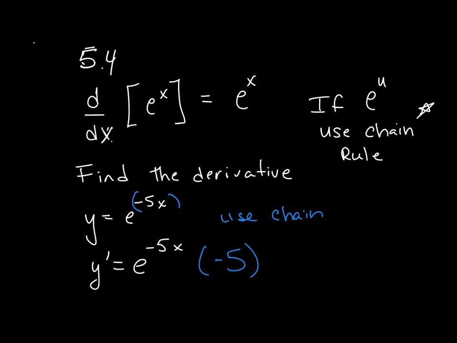So that just goes ahead and equals negative 5 e to the negative 5x. You do not have to move that into the denominator. You can just go ahead and leave it like that.